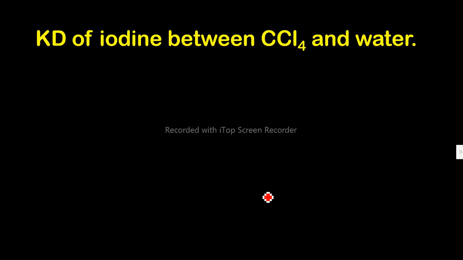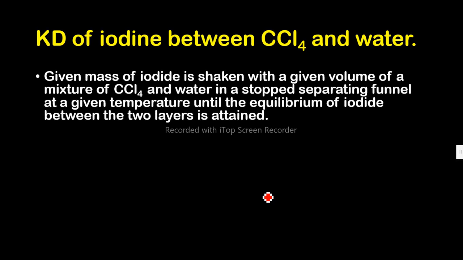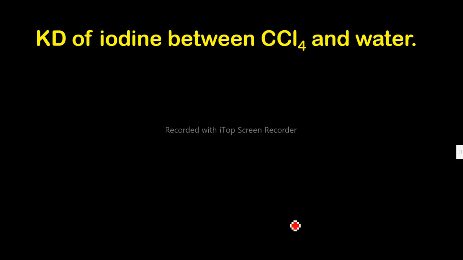Then for iodine, between tetrachloromethane and water, still the same procedure. Now the logic is, what are you going to titrate it with? If you know that, then everything becomes easy. For ethanoic acid, we have used sodium hydroxide.